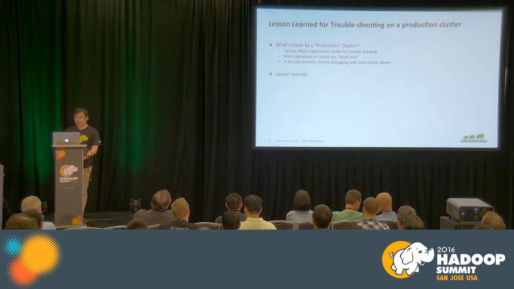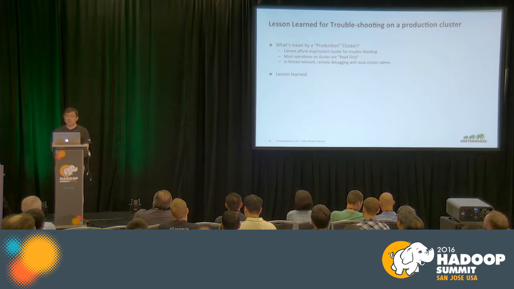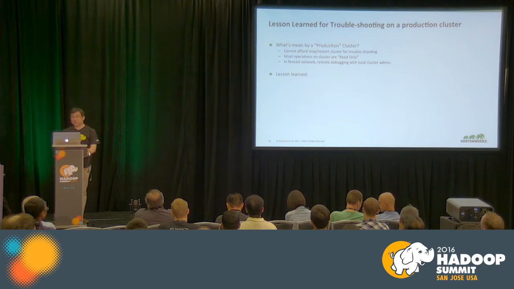In some cases, the cluster is working in a fenced network, which means we cannot log in to the cluster directly. We have to do remote debugging with the local cluster admin, which brings a lot of inconvenience for troubleshooting.